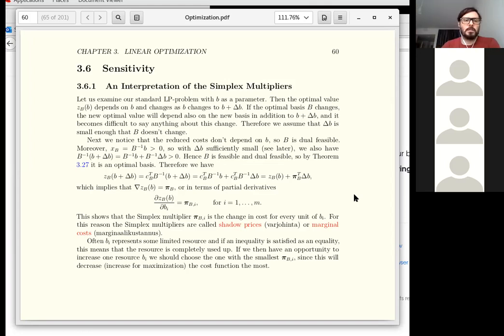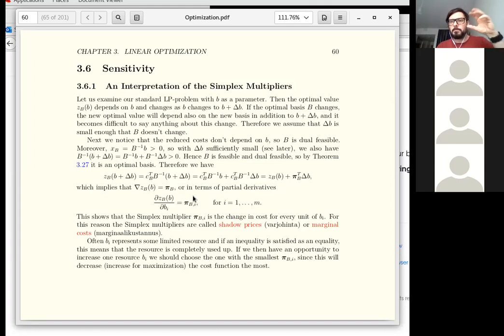So the simplex multipliers are sometimes called shadow prices and marginal costs. They correspond to the marginal effect of changing a constraint b. It corresponds to a partial derivative of the cost in this basic solution.